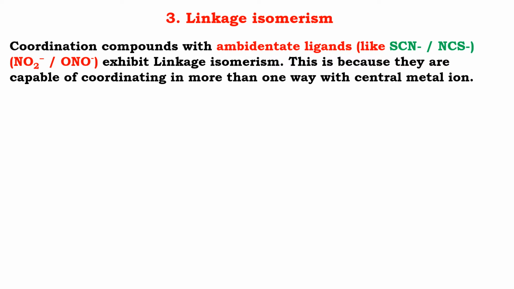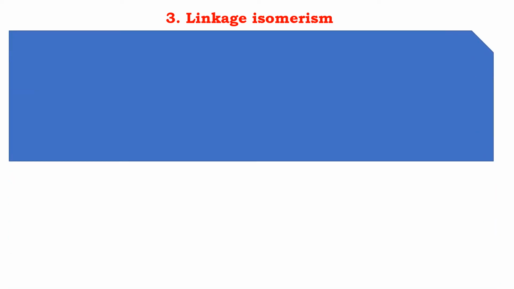Linkage isomerism could be exhibited only if the coordination compound contains amphidentate ligands. See here. So NO2 minus and ONO minus, SCN minus and NCS minus.